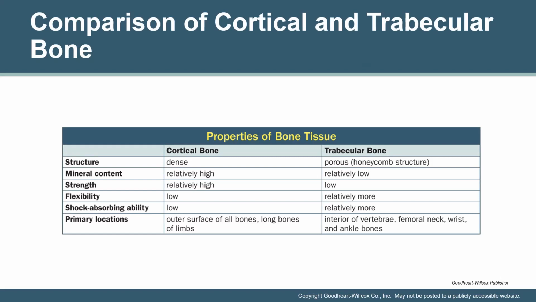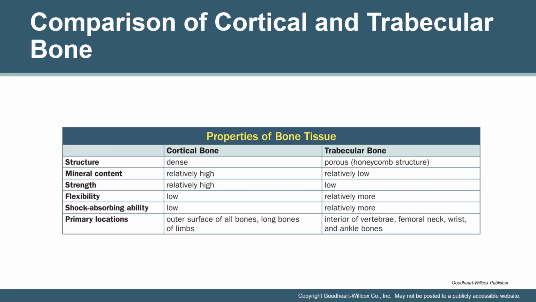It's not great at absorbing shock, and in comparison to trabecular bone, although it does have a flexible component to it, it's not as flexible as trabecular bone. And again, it's cortical, it's on the cortex. Anywhere in anatomy and physiology that you see a cortex, that's its outer layer.